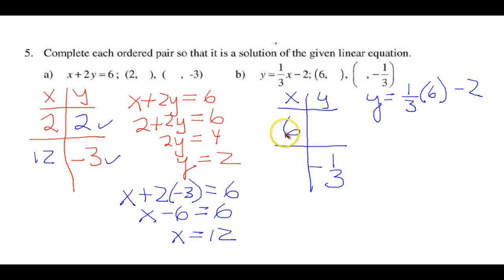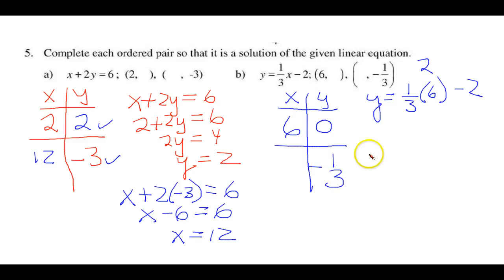So we're just substituting the 6 where the x is. So 1/3 of 6 is 2. 2 minus 2 is 0. So when x is 6, y is 0.